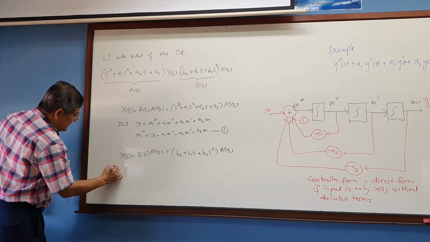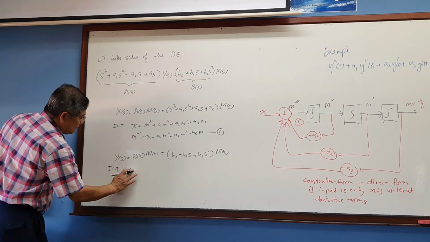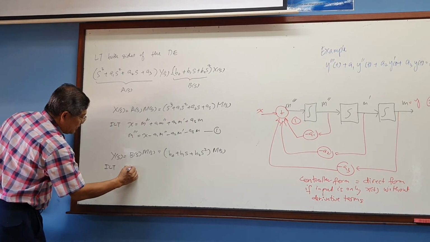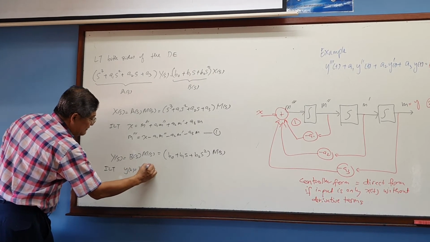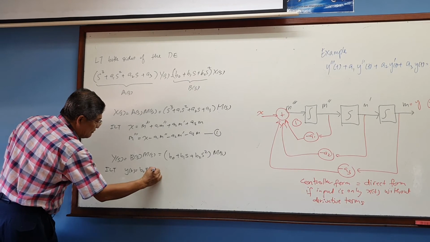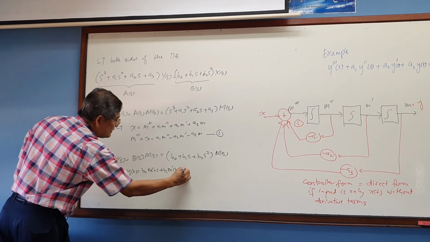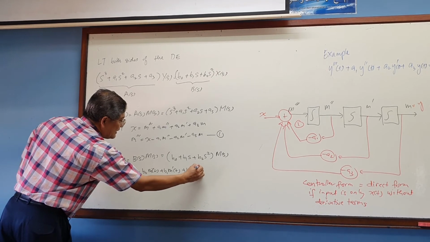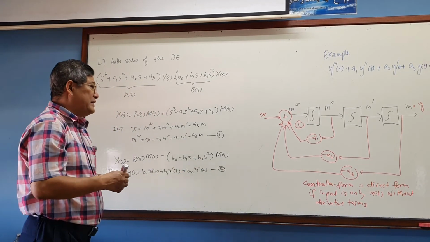Then the inverse Laplace transform gives y of t, which is equal to b naught m t plus b1 m prime t plus b2 m double prime t. So this one will be the second equation.